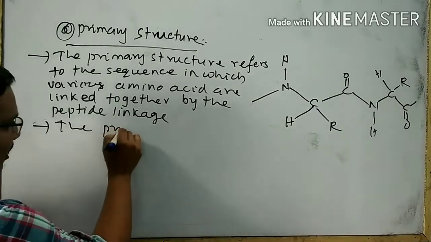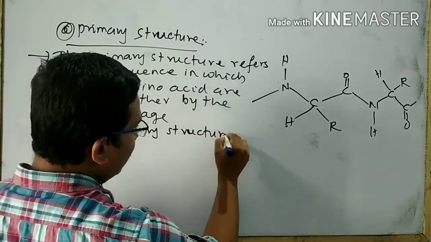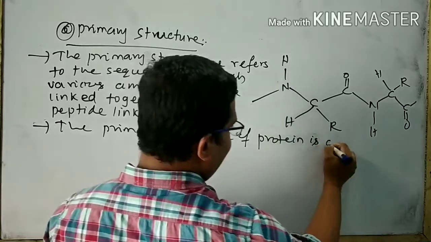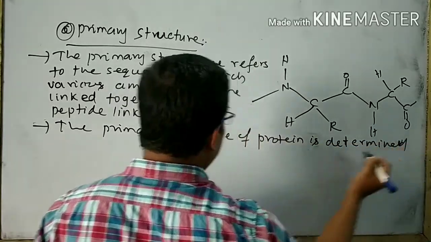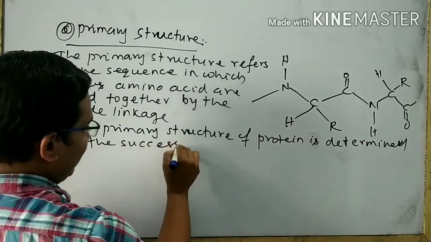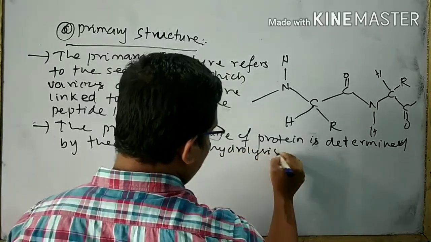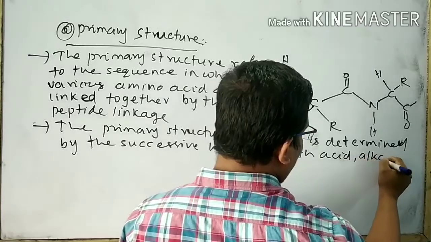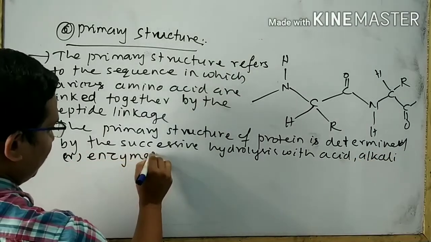The primary structure of protein is determined by the successive hydrolysis with acid, alkali or enzymes.